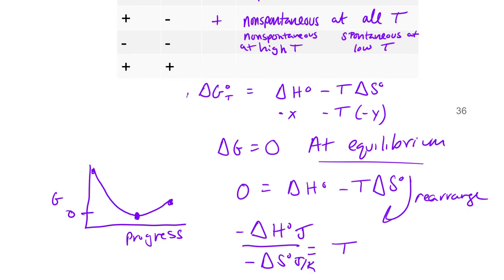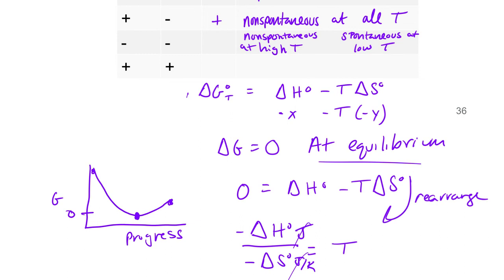When you divide this out, look at the unit analysis. Our joules are going to cancel, and we're left with 1 over Kelvin, so we're left with Kelvin. So now we can calculate a temperature at which we go from a non-spontaneous reaction to a spontaneous reaction.